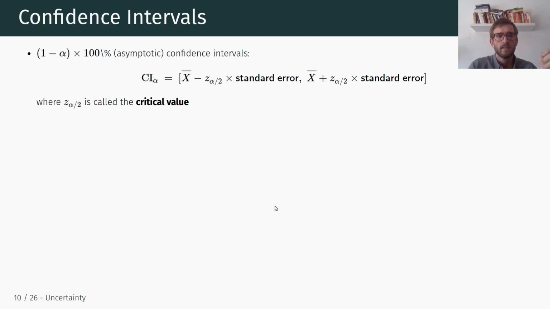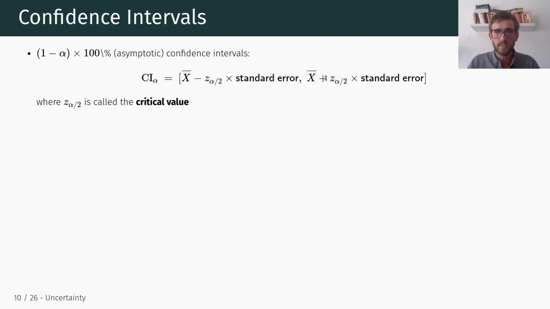In order to compute these confidence intervals, for a given alpha level, for example alpha equal to 0.05, we can compute the 95% confidence interval, which is (1 minus alpha) times 100%, as the interval where the lowest value is x bar minus a critical value for that specific confidence level times the standard error.